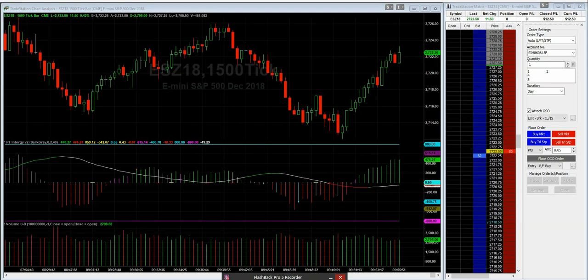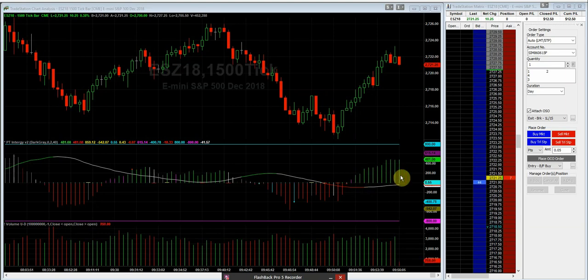But if you were just guessing and not knowing which way it was going to go, you'd want to guess to the long side right here, because you see there's demand here, and demand NARs are growing larger, and they're sustaining their efforts here. So if you were going to just take a wild stab at it, you would do it to the long side, because the demand right here is showing.